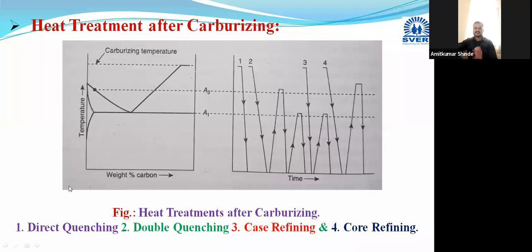But suppose the austenite present in this austenitic region is coarse. Then after direct quenching, what will happen? The martensite formed on the surface of that steel component will be coarse martensite, and that coarse martensite will be very brittle in nature.